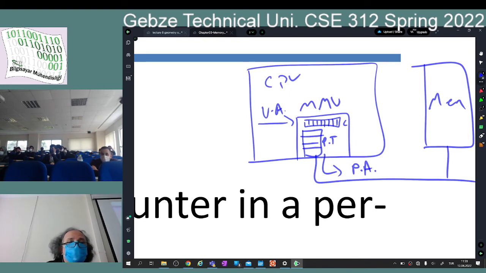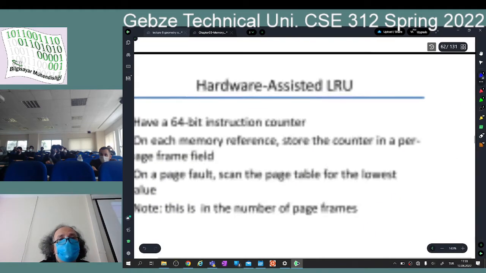But if I try to do the same thing in software, that will make my memory access times maybe 4 or 5 times slower. That's not going to be good, that's not acceptable. So I have to find a compromise.